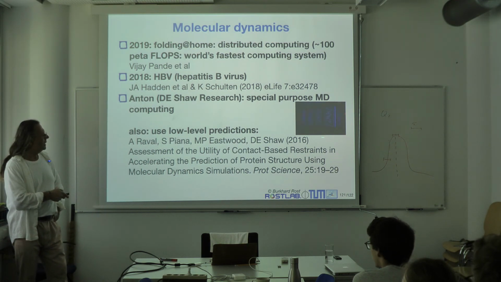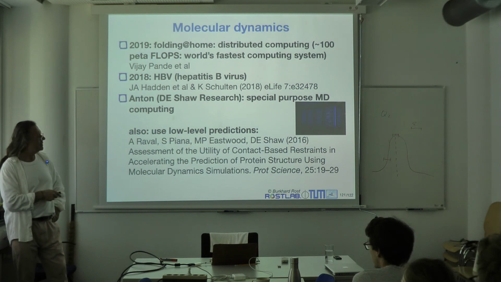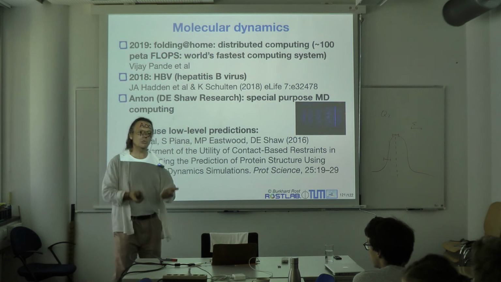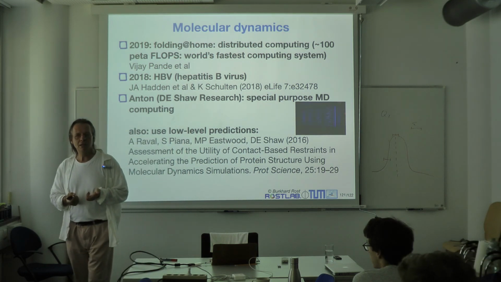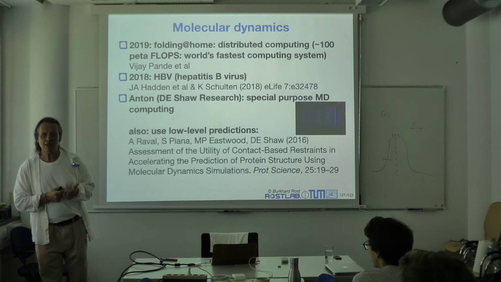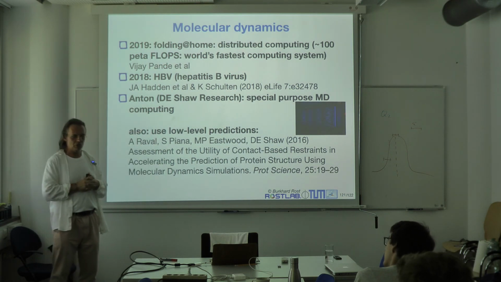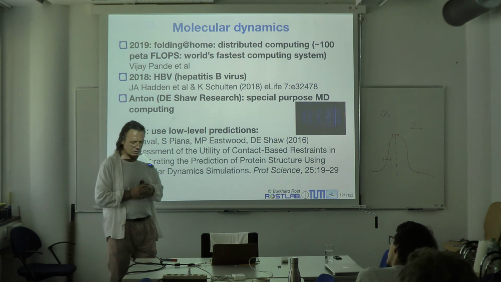And here is a relatively recent publication, in which they show that you can use the combination of low resolution 2D contact prediction methods with cryo-EM data and essentially Anton and get very, very good structures, or remarkably good structures out of it.